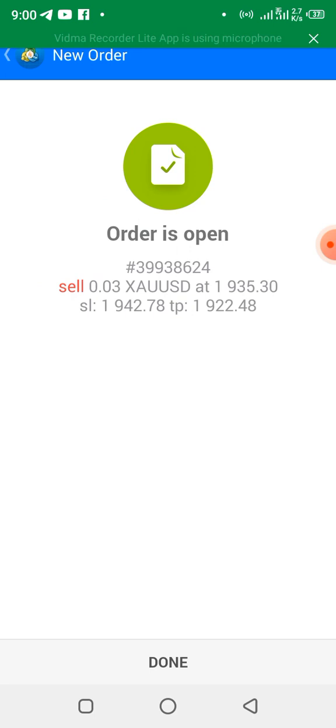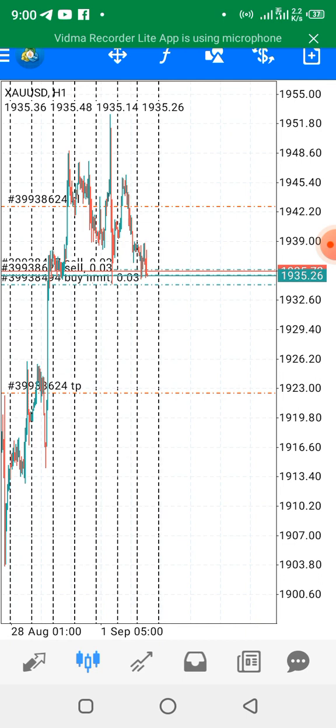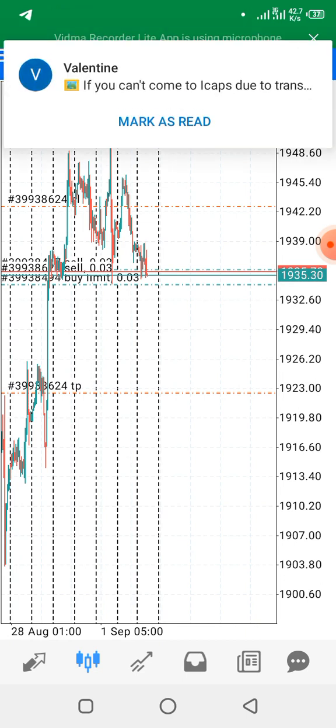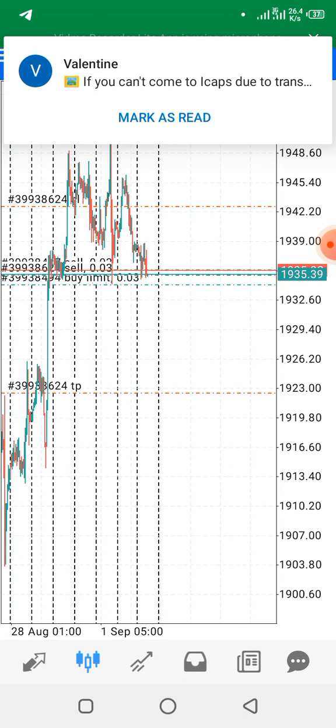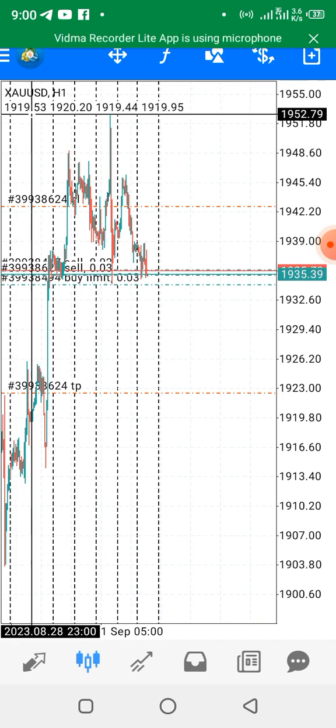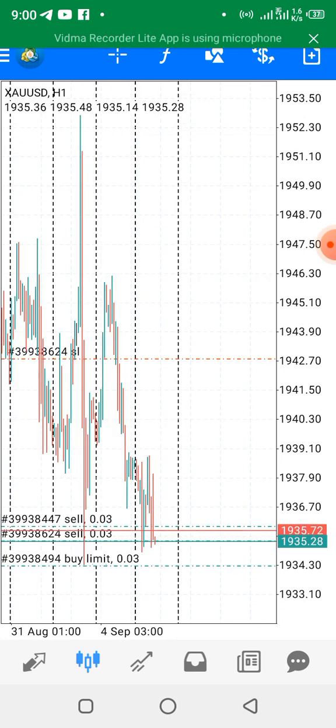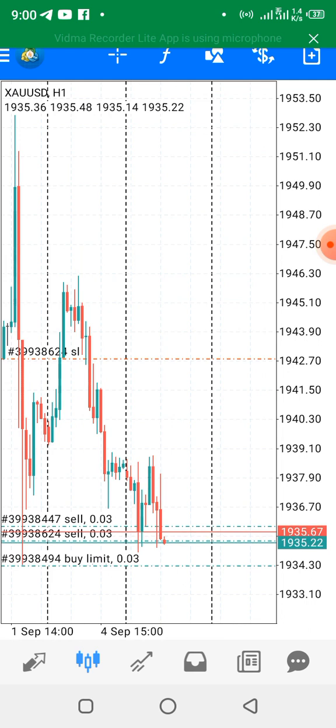Good. So this is a new sell position. You can see this red dotted line under here is showing TP. It's saying that once price gets here, market gets here to close our trade in profit. And you can see the other red line above here is our stop loss.